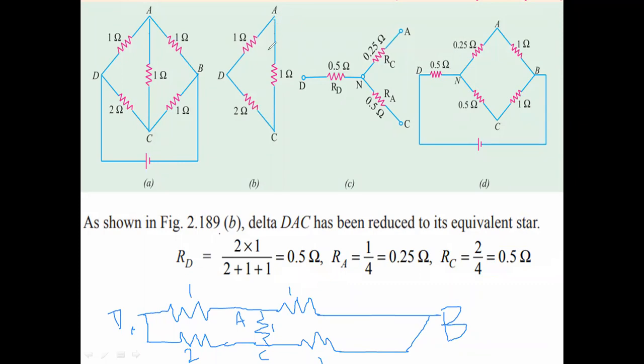So now we can convert this ADC delta into the equivalent star network. How we can find the star network is, we are given the formulas. So from here this is the star network.